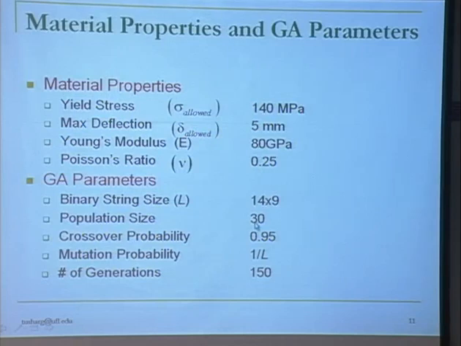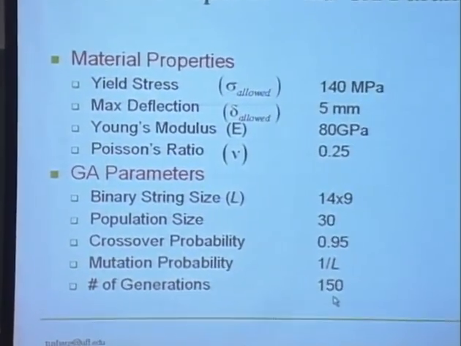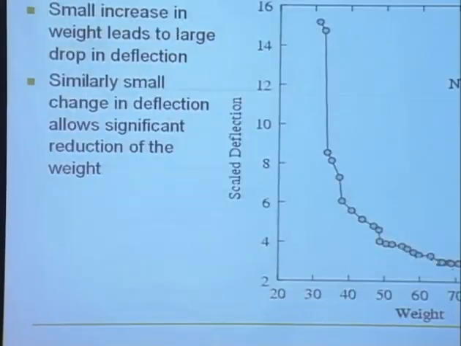The material properties and GA parameters are given over here. So you can see that I have changed the string size to accommodate my bicycle frame. I have a small population size, that is 30, and I run this GA simulation for 150 generations.